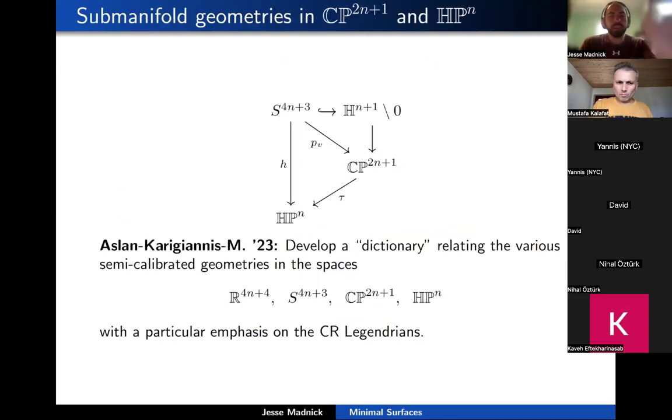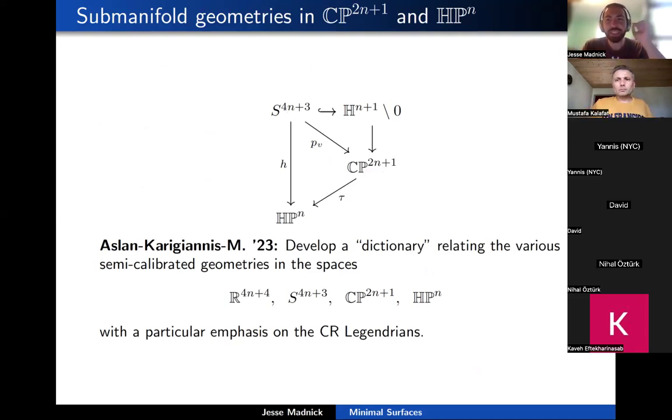Anyway, in closing, one of the morals here is that there are various submanifold geometries in the 4n plus 3 sphere, various submanifold geometries in R4n plus 4, as well as in CP odd and HPN. And you might hope that these various submanifold geometries are related to each other in some way. I won't rehash how all this works.